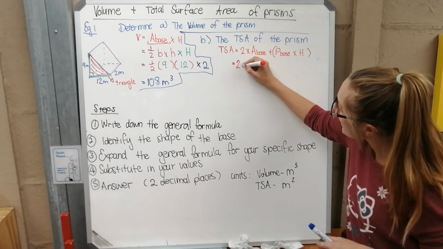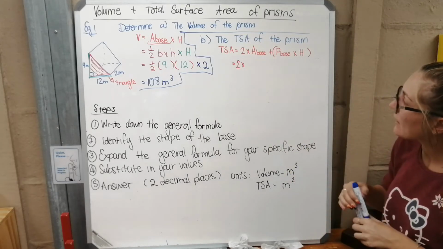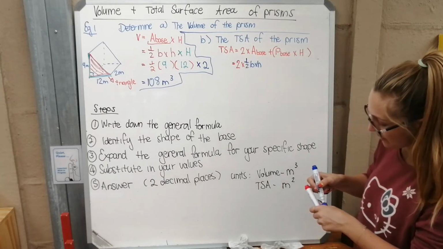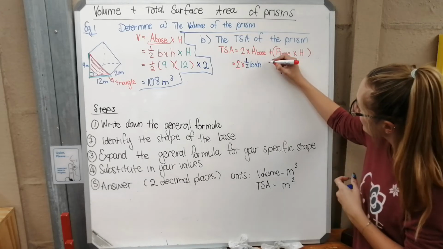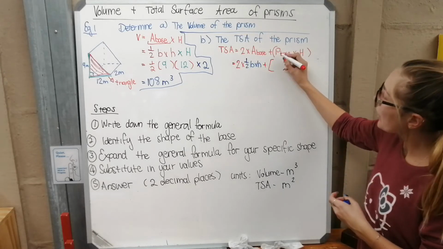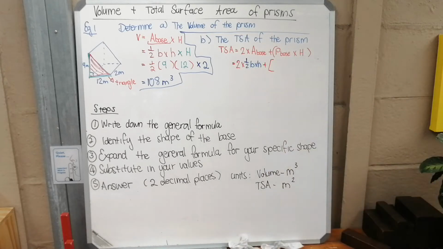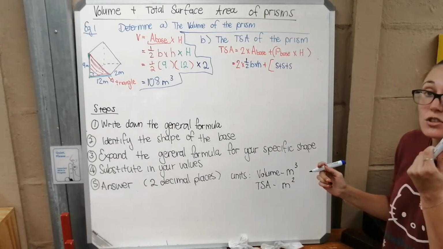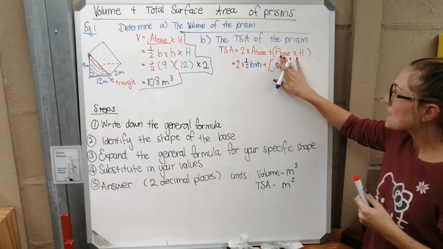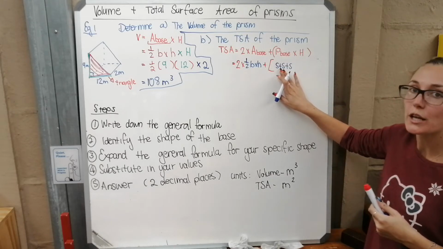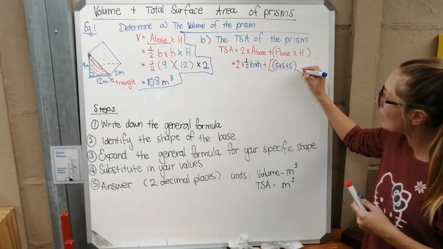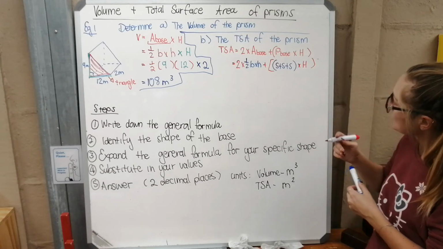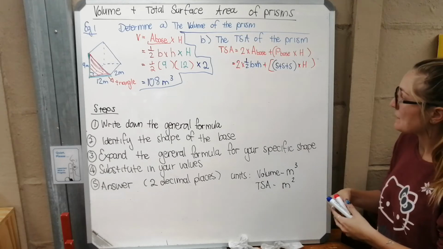So that's 2 times the area of a triangle, which is half base times height, plus the perimeter of a triangle, which is side plus side plus side. Now whenever you substitute in, if I'm expanding that to an expression of more than one term, please do put it in brackets and then times height. Okay, now we can go ahead and substitute in our values.